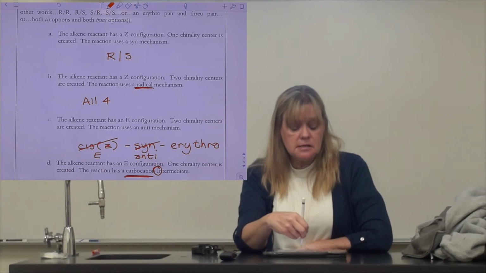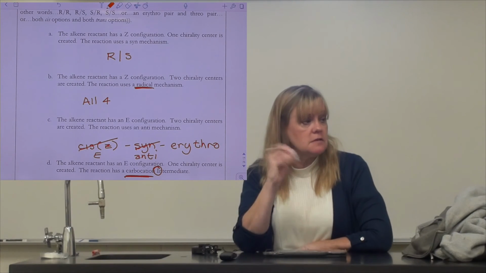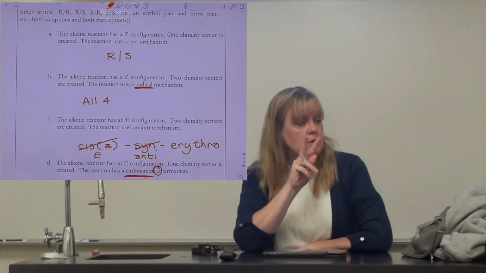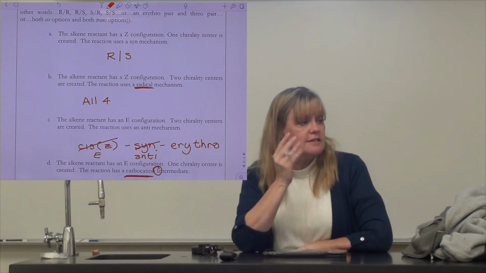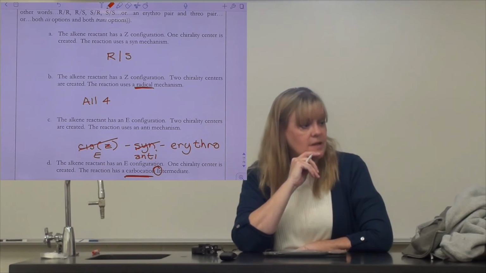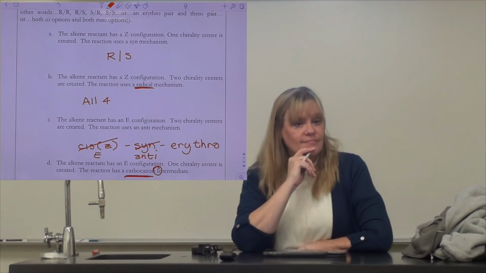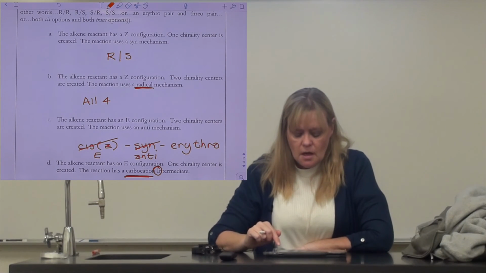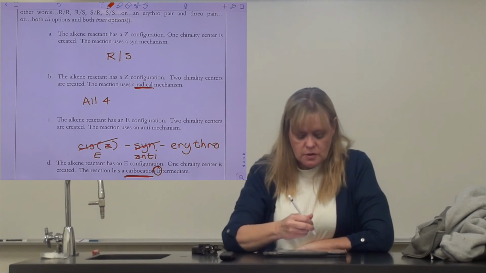And then it's not a syn mechanism, it's an anti mechanism, so I had to cross out syn. Since I crossed out 2 things, that's all. Oh, okay, so the E and the anti are provided in the question. That's right. And don't worry about the fact that on D I've got the I circled, because that's just a typo, and I've just circled it for myself.